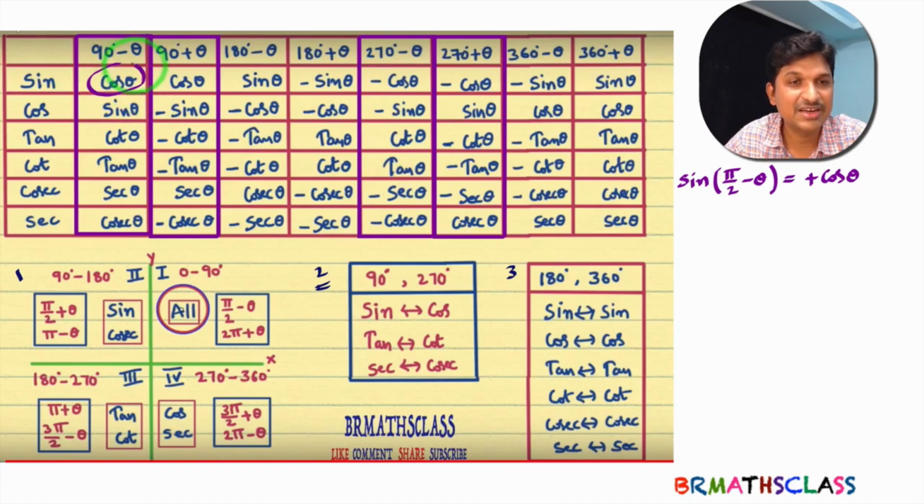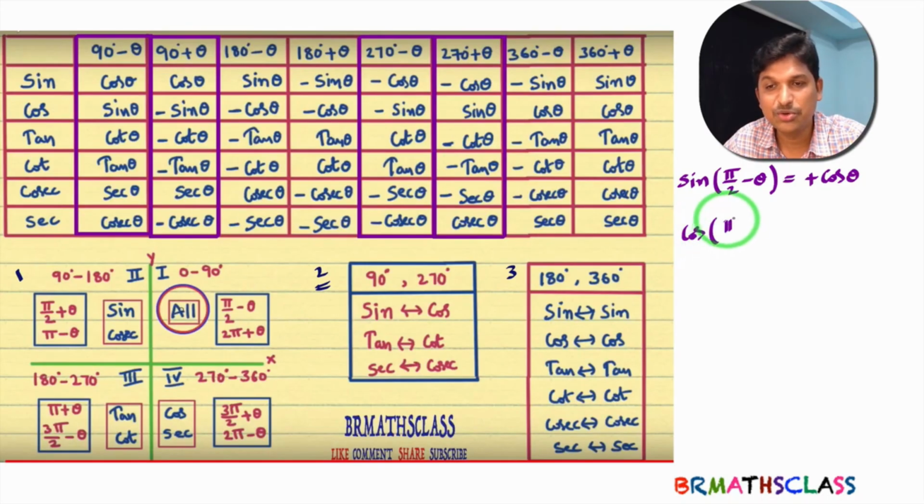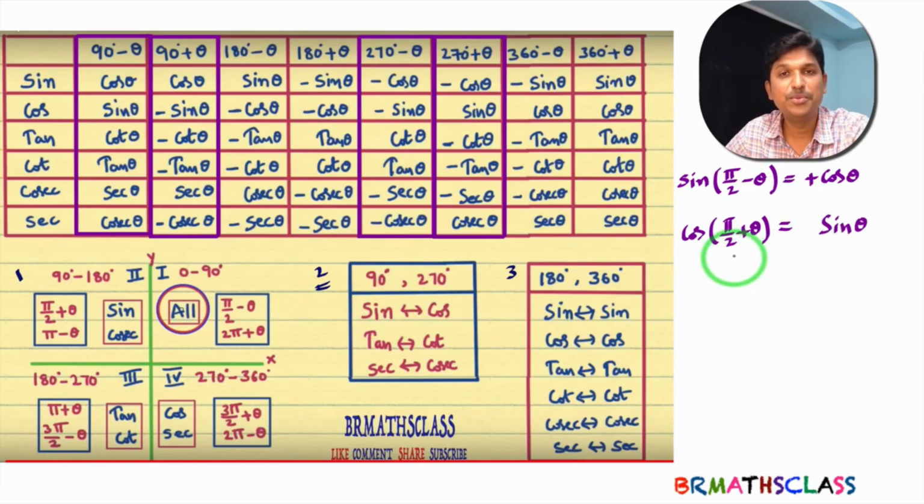You see here that result only we have written. Suppose you want to write cos pi by 2 plus theta. What is the main point here? First point, when pi by 2 is there, that means 90 degrees. When 90 degrees is there, cos changes to sin. So first thing, you write sin theta. Second point, pi by 2 plus theta lies in which quadrant?